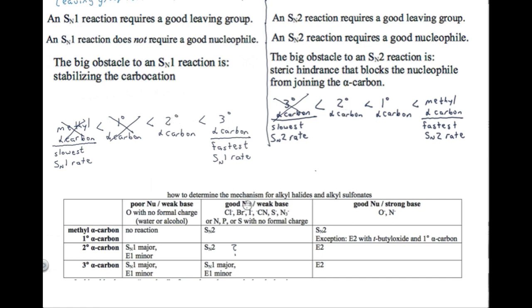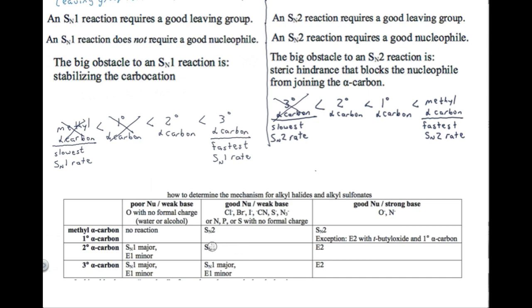We know that a good nucleophile is good enough for SN2, but a good nucleophile is also good enough for SN1. So based on these rules, you can't tell whether this cell should be SN2 or SN1. You need to have the table memorized to know that this cell is SN2 rather than SN1.